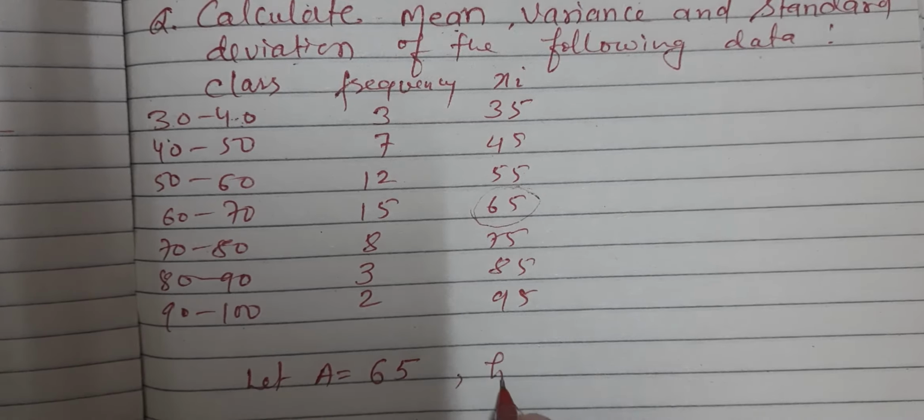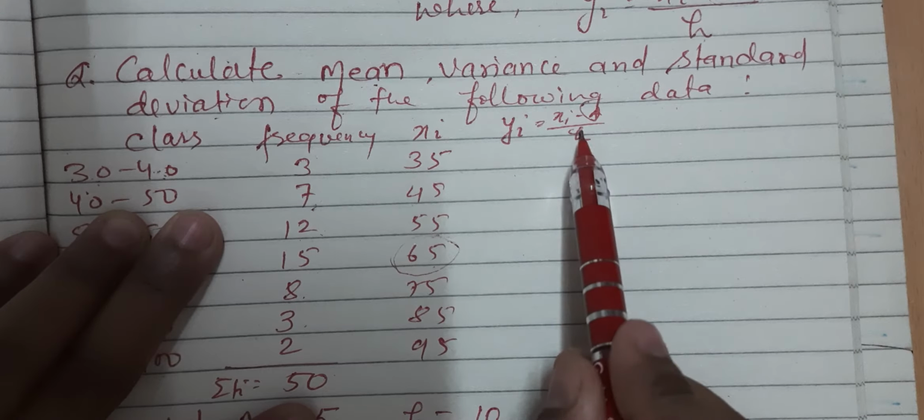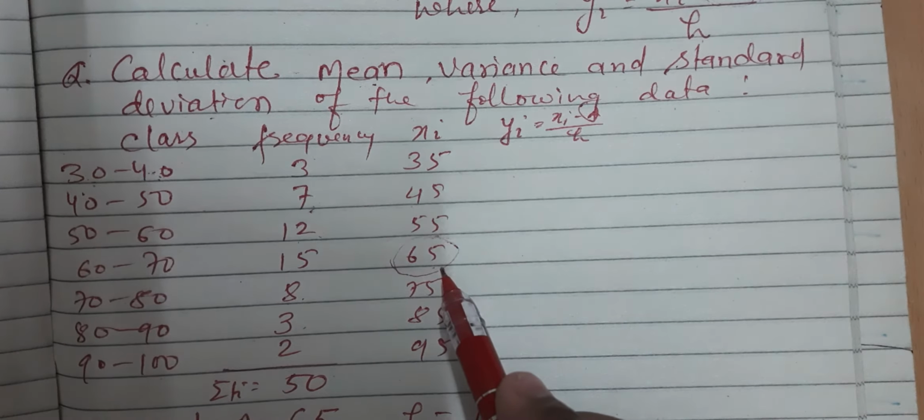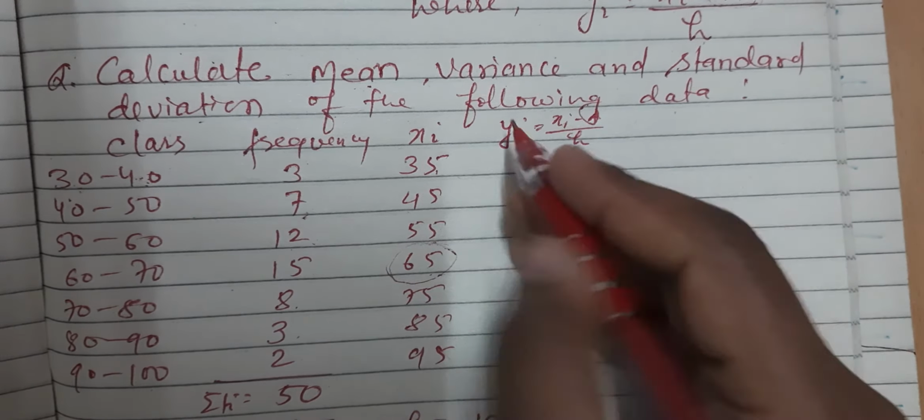Yi is xi minus a upon h. So 35 minus 65 is minus 30, minus 30 by 10 is minus 3.